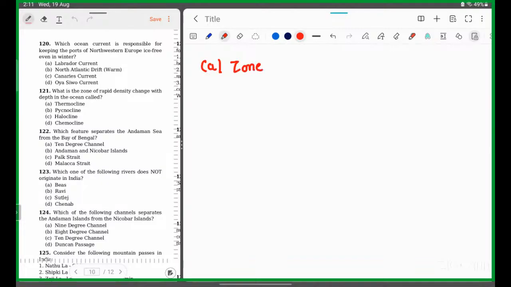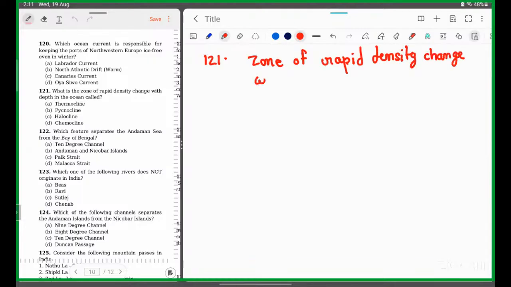Zone of rapid density change with depth. It is known as synucline.